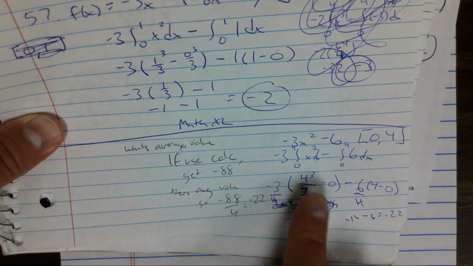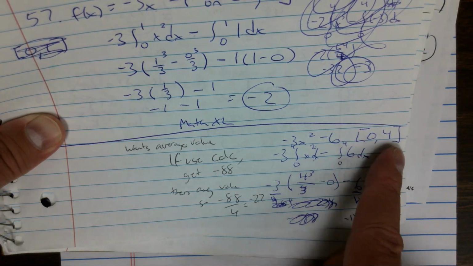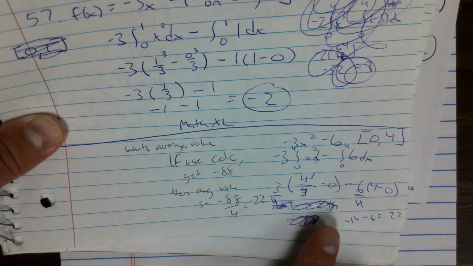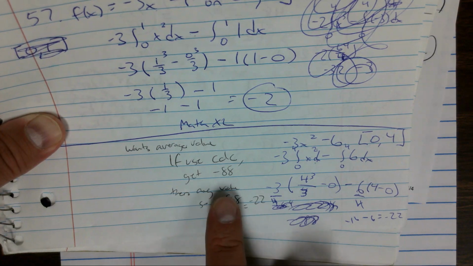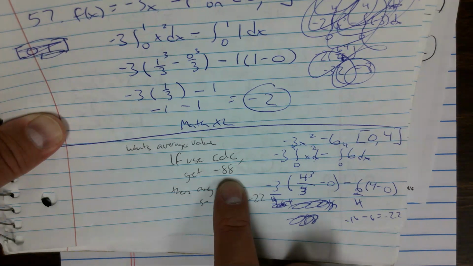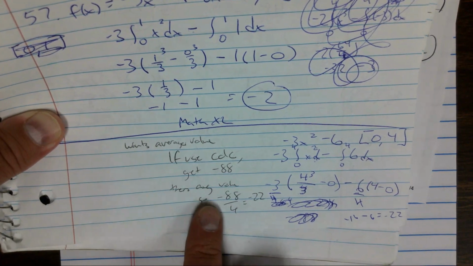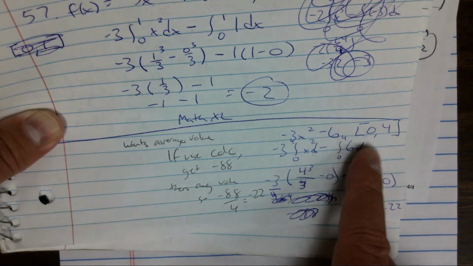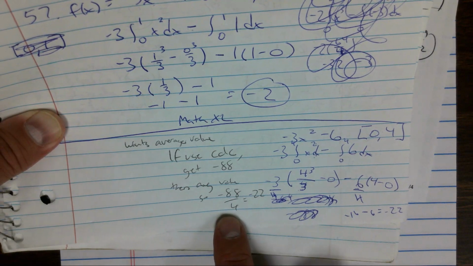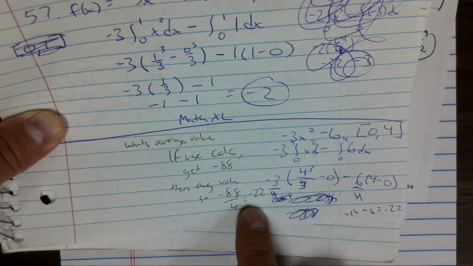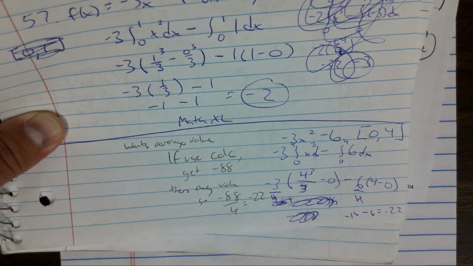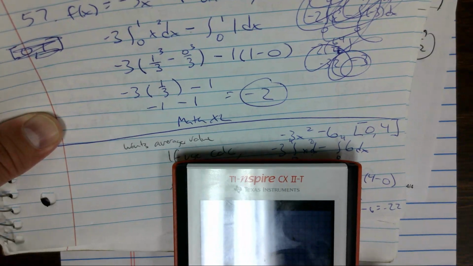But on one where I went from 0 to 4, if I did the calculator, I got negative 88, but it wants the average value. So based on going from 0 to 4, I needed to divide by 4 and get negative 22. So let me do that example just to verify it.